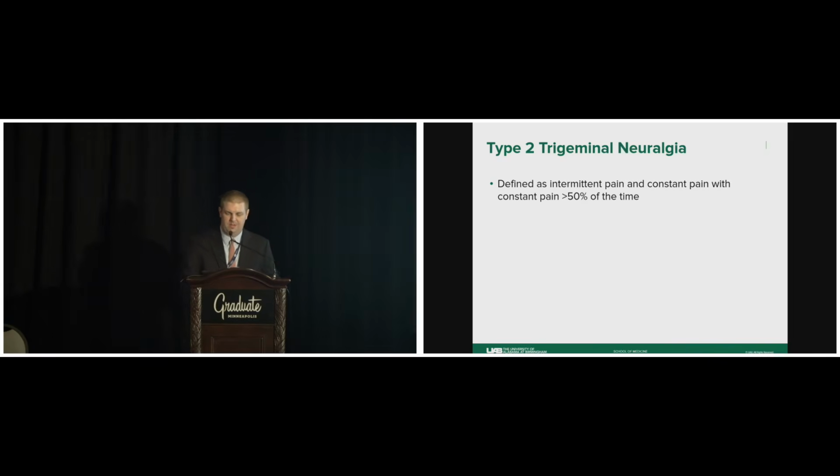Type 2 was defined as intermittent pain, but also an overwhelming constant pain. And this is where I start to think we may be misdiagnosing this. Perhaps trigeminal neuralgia isn't a spectrum. And this is the way I think now, being in practice almost 4 years, it's either trigeminal neuralgia or it's not. Stop trying to make everything trigeminal neuralgia.